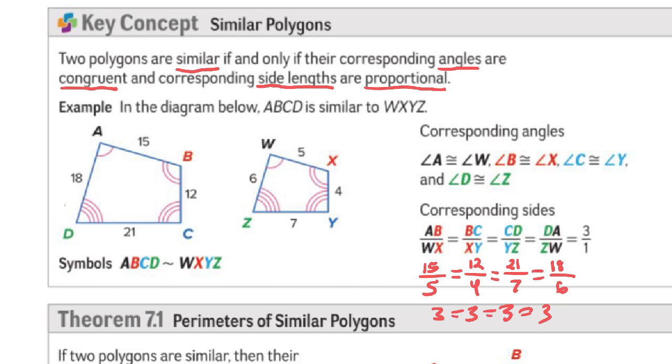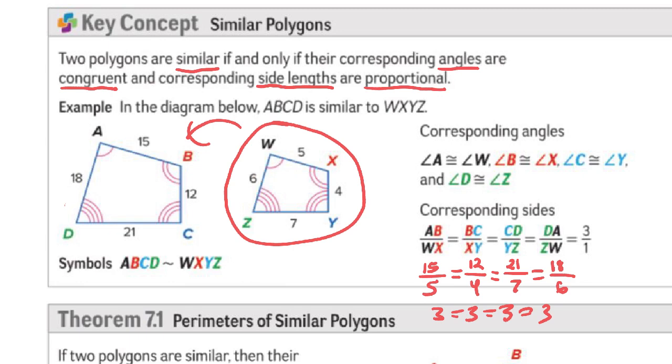All of these proportions, all of these fractions, all these ratios are exactly the same, meaning the corresponding sides share a common scale factor. If you were going from the small triangle, the small polygon up to the big one, you'd be scaling up by a factor of 3.